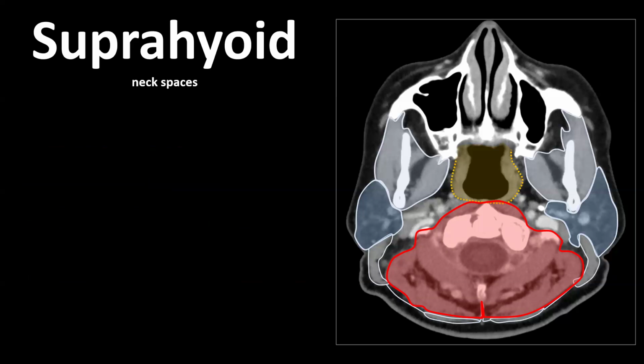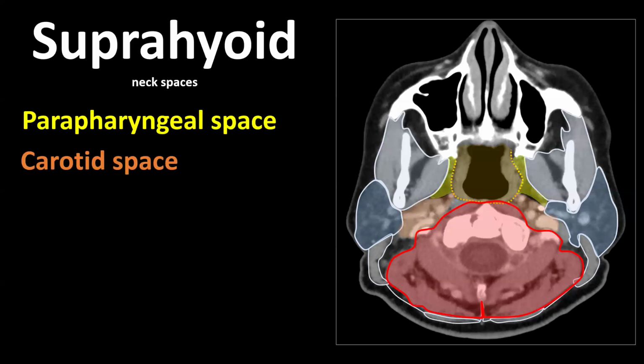What are those? Well, let's once again begin with the carotid space, which is surrounded by a so-called carotid sheath, and the carotid sheath contains components of the superficial, middle, and deep layers of the deep cervical fascia. So the carotid space contains the carotid arteries and also the jugular veins.